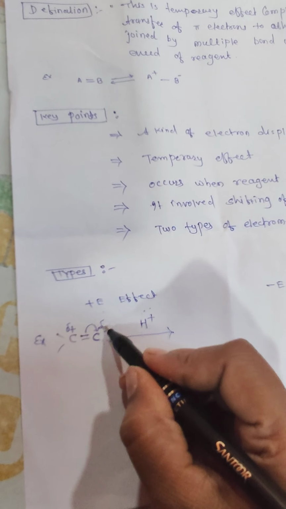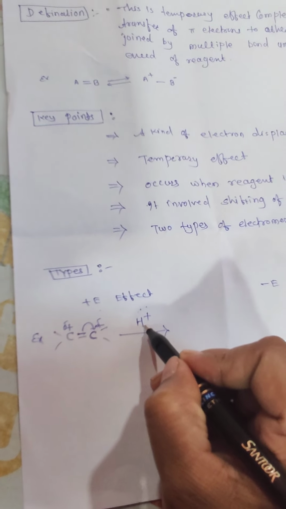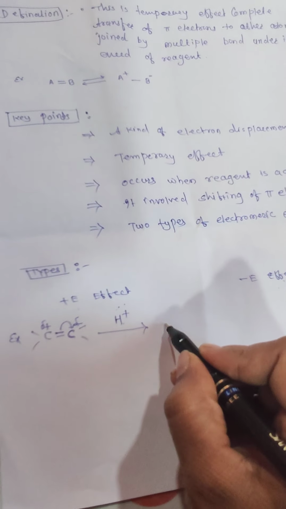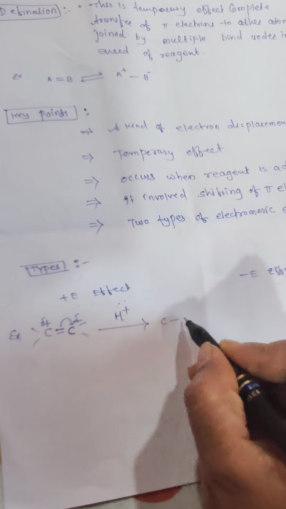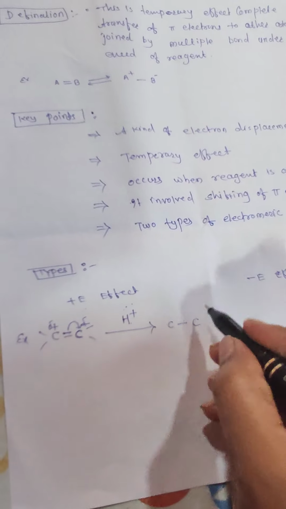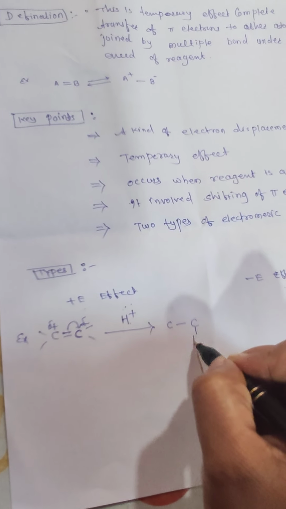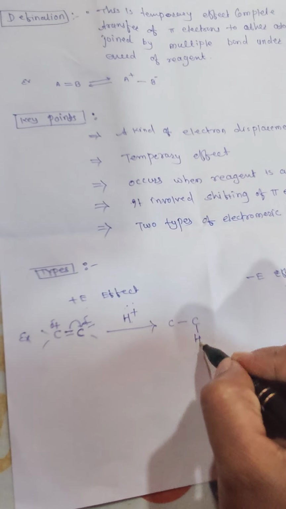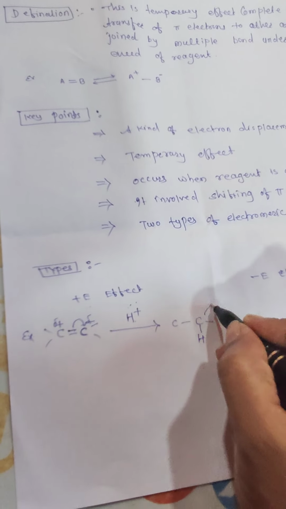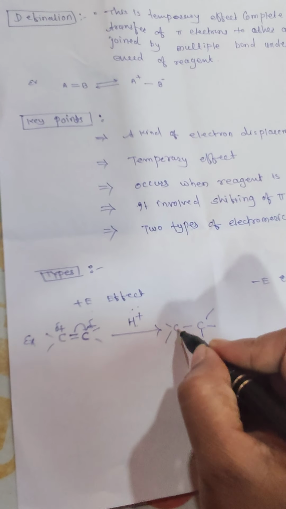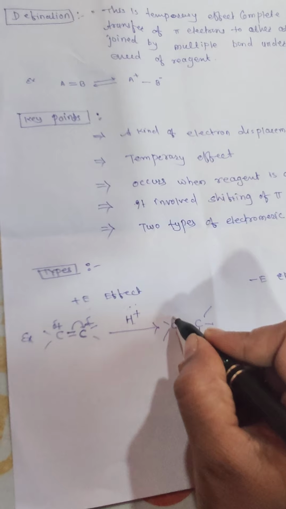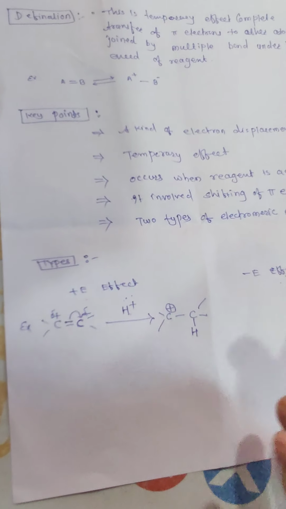This negative charge attracts the electrophilic reagent. Therefore, the product is formed: this bond breaks and the H plus ion attaches here, and this carbon has a delta positive charge.